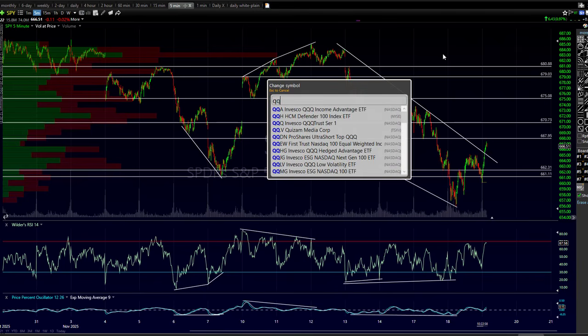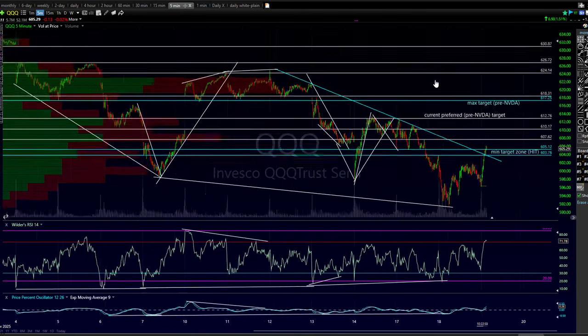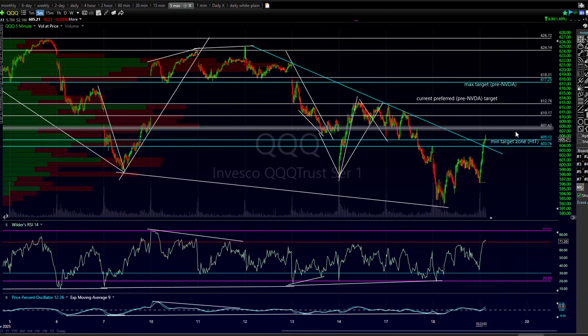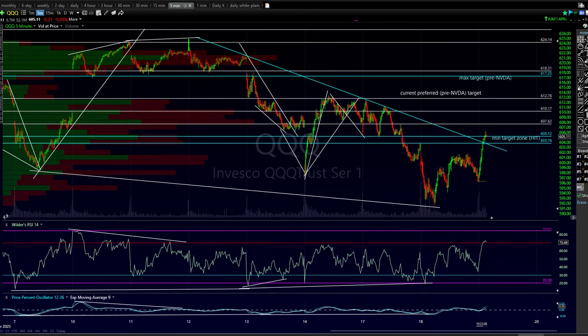QQQ slightly overshot the top of the zone, but again, you know me, I watch both QQQ and SPY. I make a lot of terms up in trading. One of them is momentum fueled overshoot.